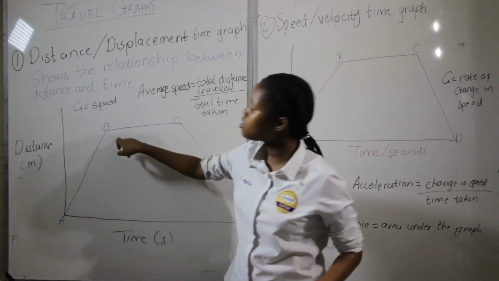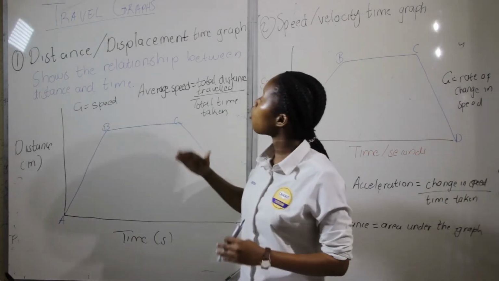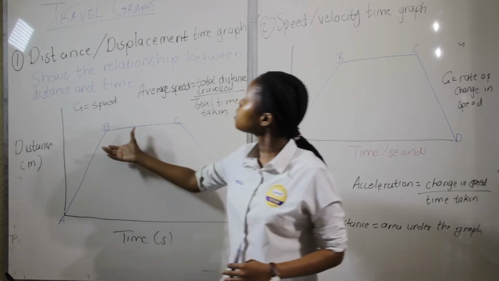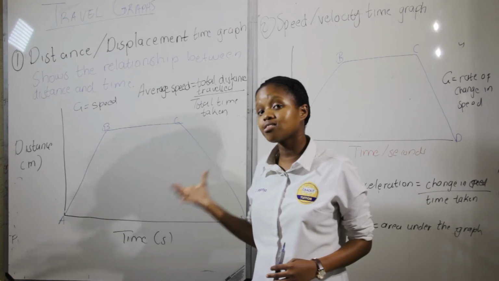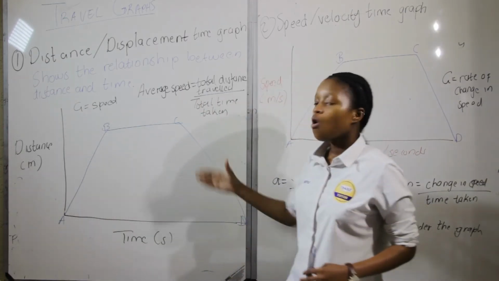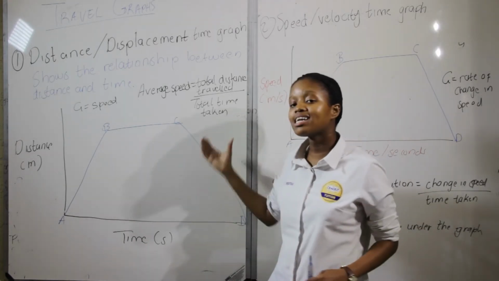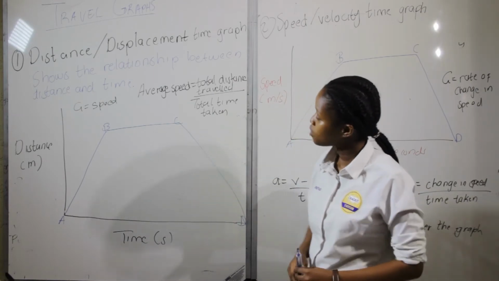From A to B, the speed was maybe decreasing, or it was increasing, dependent on how the question is. From B to C, since you see that the distance is not increasing, that means the speed was constant. And from C to D, it's also the same thing, it represents the speed. So the gradient in your graph represents the speed.